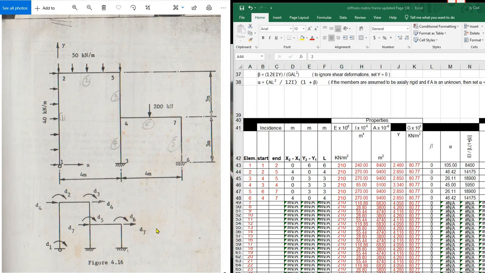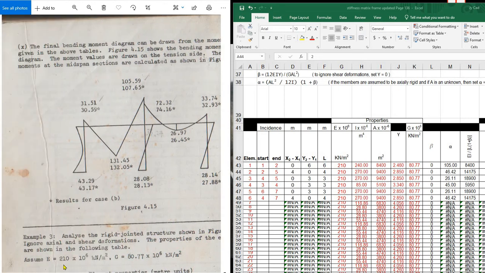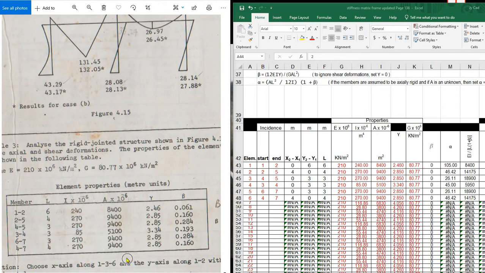And then ang kanyang elasticity is 210 by 10 to the 6 kilonewton per meter squared. Ito. Okay. 210 by 10 to the 6 kilonewton per meter squared. Ayan. And then moment of inertia is ayan siya, for each member.